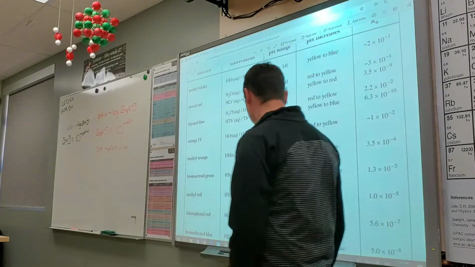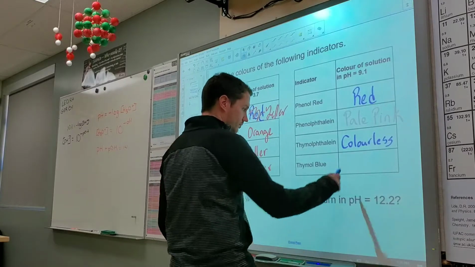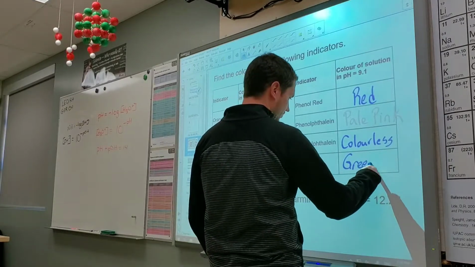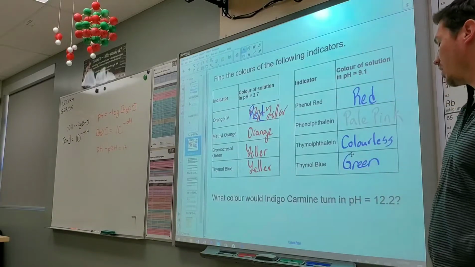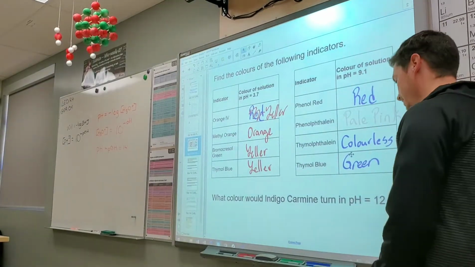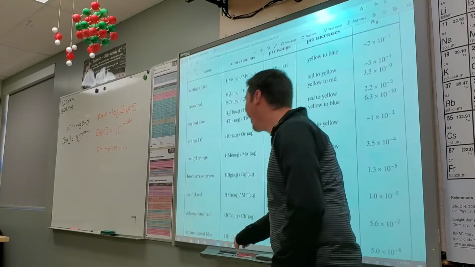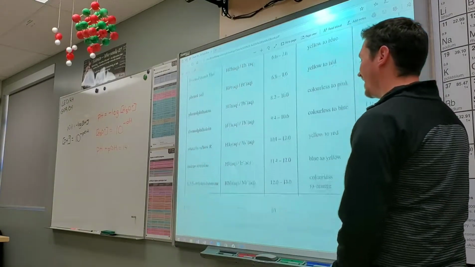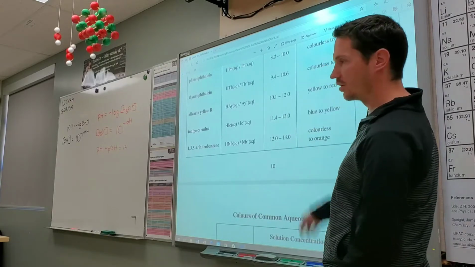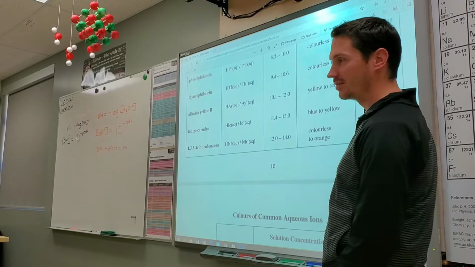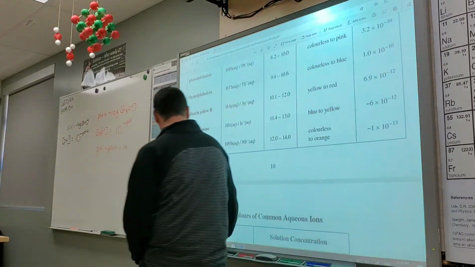Yep. Good. And then the very last one, what color would indigo carmine turn in pH 12.2? Not brown. Indigo carmine at 12.2, what would it be? Green, right? It's in between 11.4 and 13, so it's green.